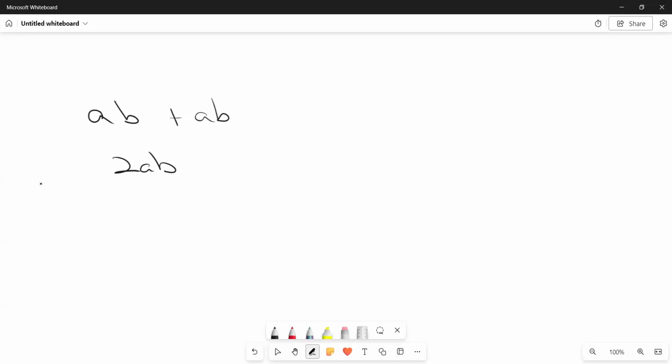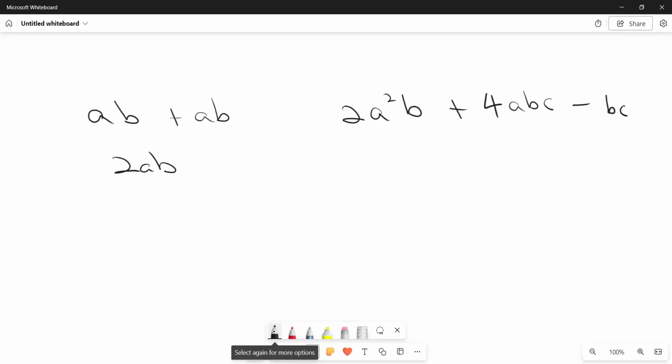This is 2AB, right? What you will use it for is things like if you have, all right, 2A squared B plus, let's say, 4ABC. Let me use some nice number. Let me go with 4 here. We go with 4 minus, let me put a number like 2 here, 2BC.